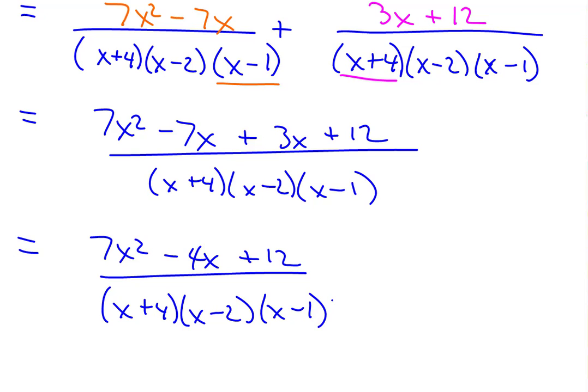Now, we are likely done here, but sometimes at this step, even after doing all this work, you're not done. And the way you might know is maybe I could factor the numerator as I now have it in its combined like terms form, and in doing so, find a factor that would match one of our denominator factors, which would mean we have to cancel them to reduce the result.